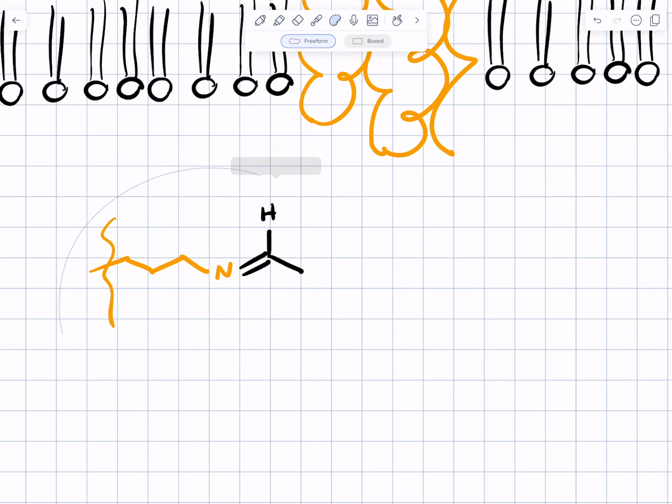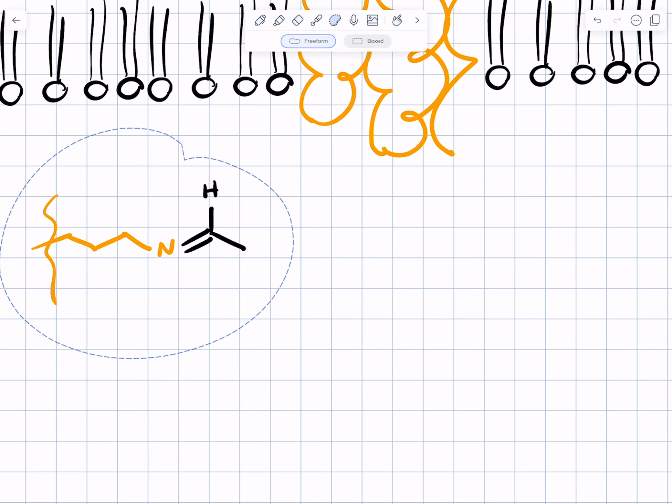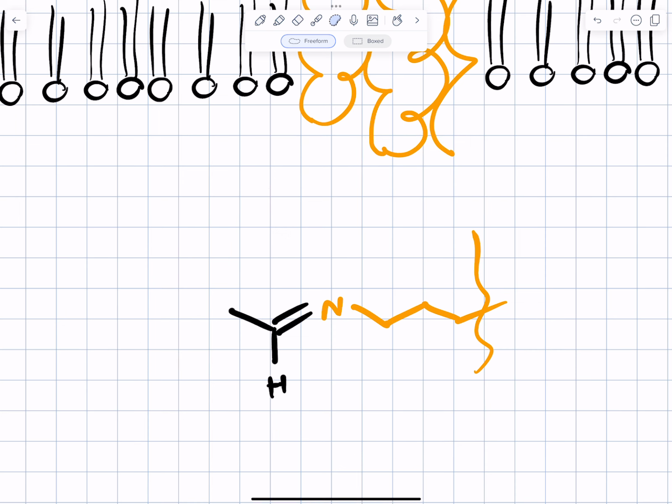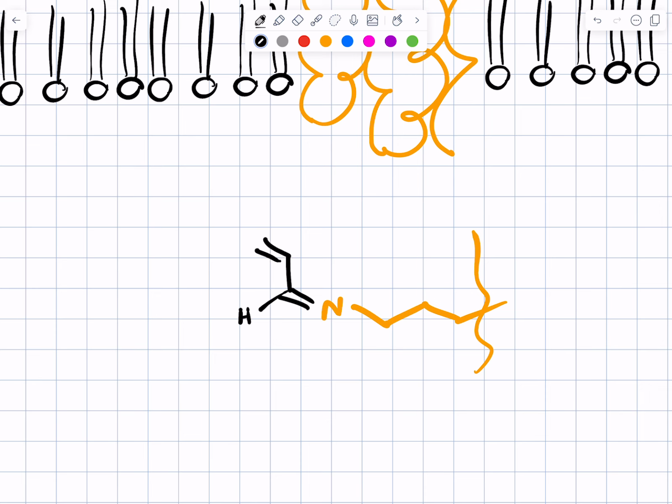And the thing that it's linked to is highly conjugated. Oh shoot, I can't draw it from that direction. I suppose that's okay. Sorry, that's still an N when it's upside down, right? Yeah, so what's attached to that nitrogen is an aldehyde that's highly conjugated.